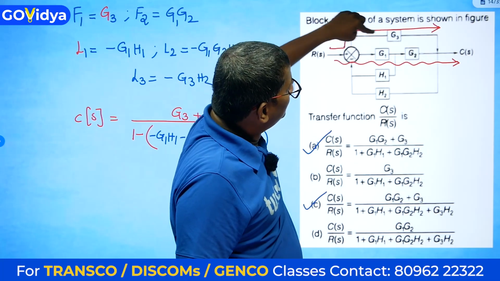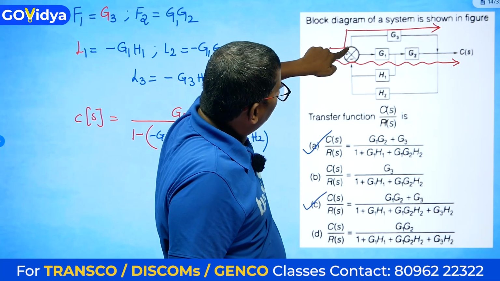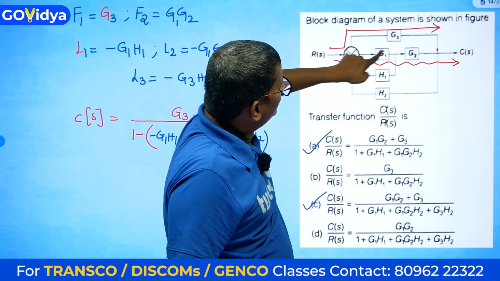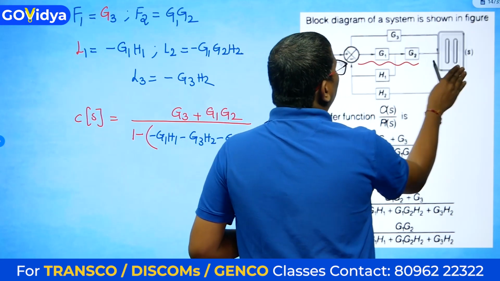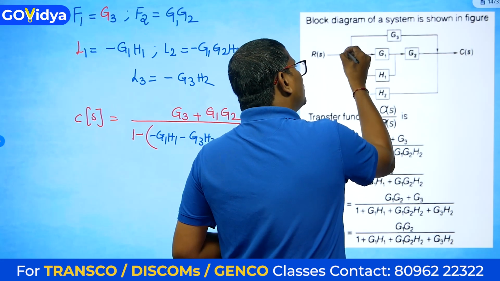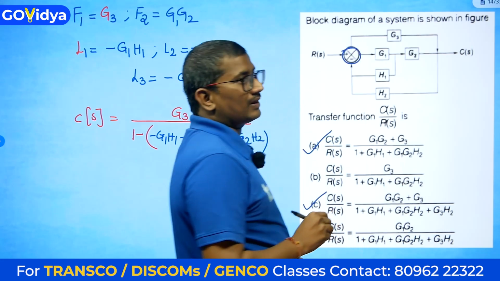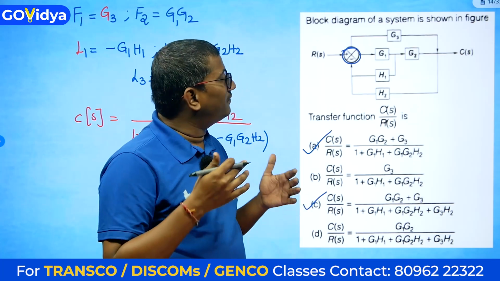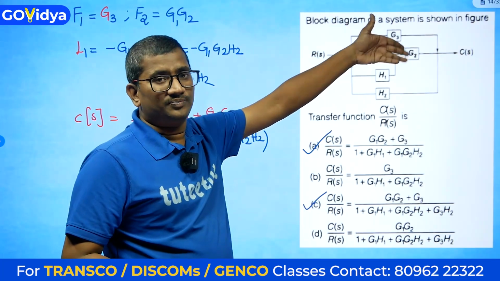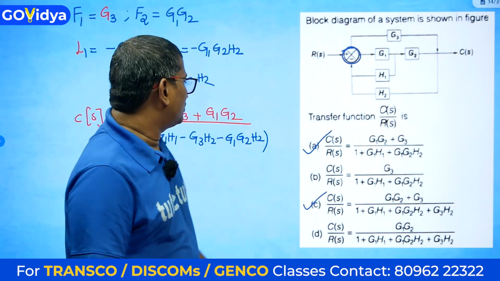You see here, this is one loop, and this is one loop, and this is one loop. All three loops are connected to this thing. Correct? So therefore I can say that there is no possibility for two non-touching loops and obviously three non-touching loops. So there is no concept of it.